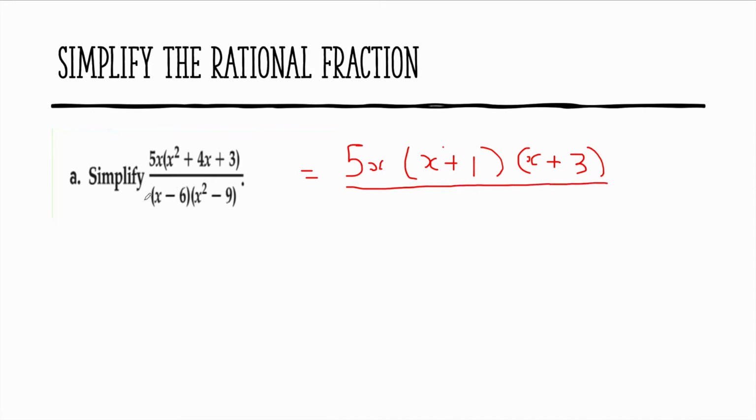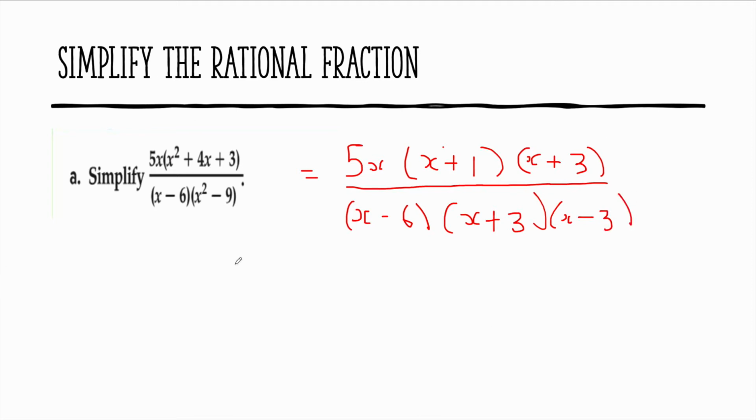Then we have x minus 6. There's nothing we can do with it because it is factorized already. And then this is a difference of two squares, so it's x plus 3 and x minus 3.